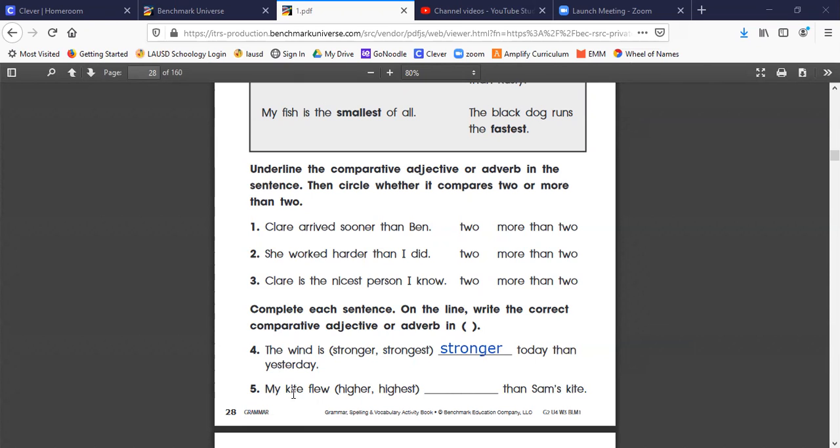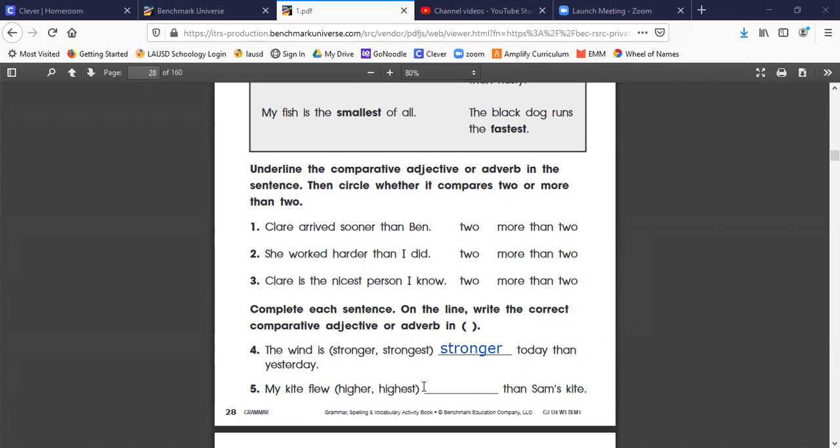Number 5, my kite flew higher, highest than Sam's kite. So we're describing how it flew. Did it fly higher or highest? What are we comparing here? We are comparing my kite to Sam's kite.